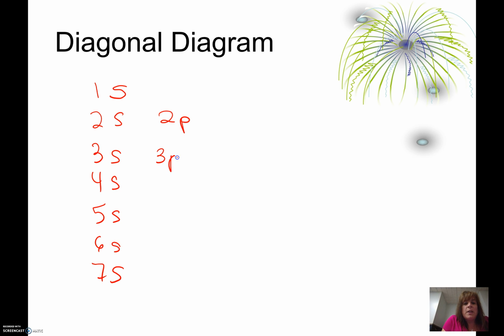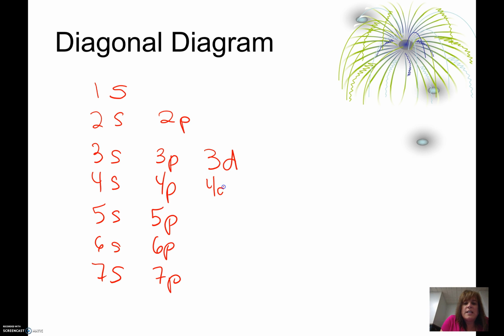So we have a 3p, a 4p, a 5p, a 6p, and a 7p. Now, once I get to p in the second level, I'm done, right? 2 can only have 2, but 3 can have the d. So we're going to add 3d. And if 3 can have d, then so can 4, 5, 6, and 7.